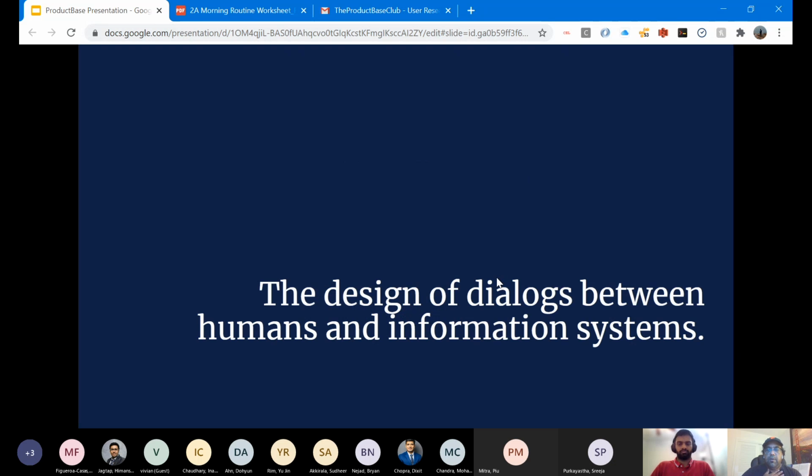So before we get into the weeds of what UX design and customer development looks like, if I had to take a stab at understanding what user experience is, you would call it the design of dialogue between humans and information systems. And in the spirit of keeping this session interactive, I just wanted to get some thoughts from everyone listening.